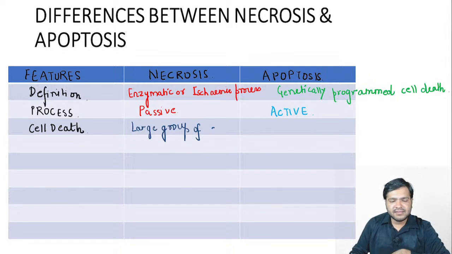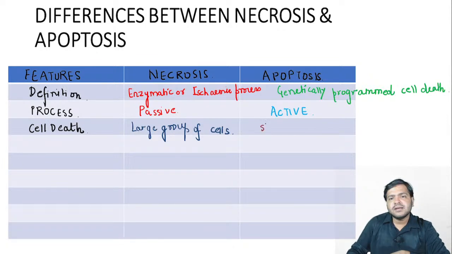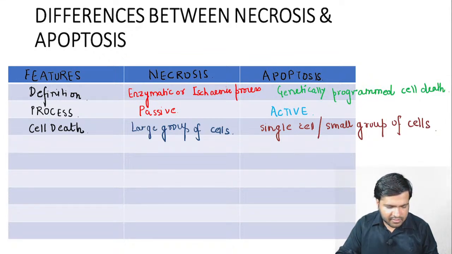Large group of cells. Apart from that, in apoptosis, I have already told you, it involves a single cell or small group of cells.